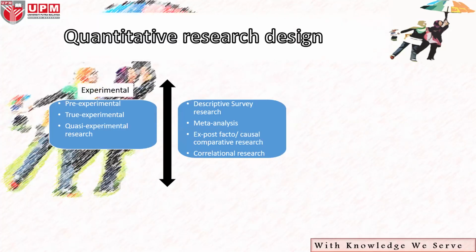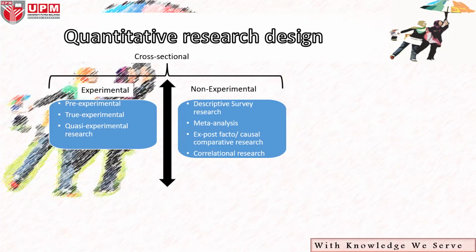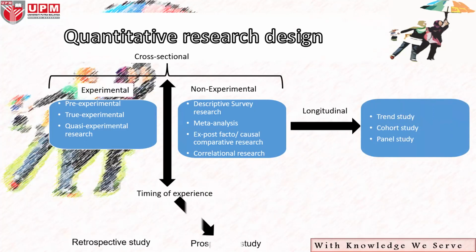Okay, so what are the specific types of quantitative research design again? So in general, ni kita buat spesifik sikit. Okay, if we divide the quantitative research according to the time frame, we are going to have two designs: cross-sectional and longitudinal.